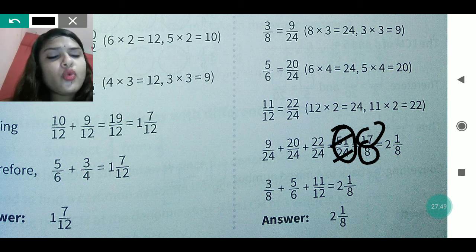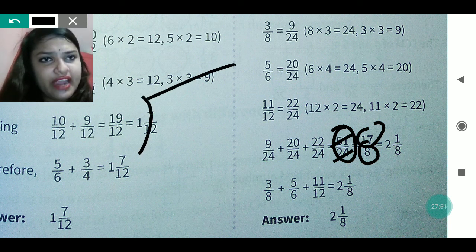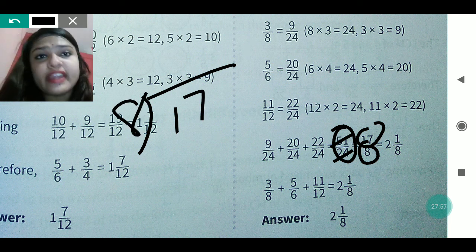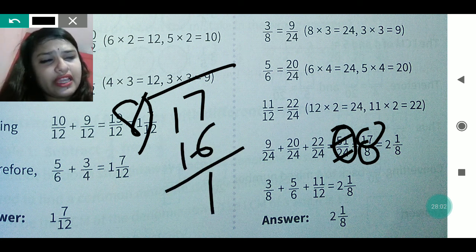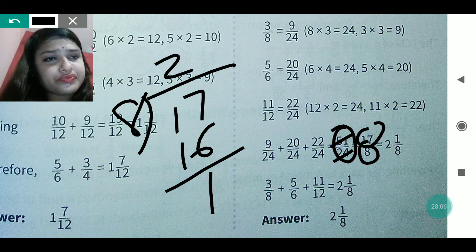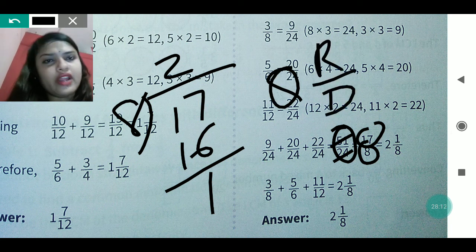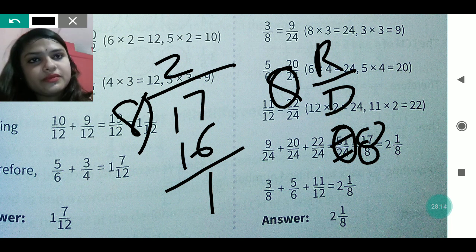When you divide 17 by 8, 8 ones are 8, 8 twos are 16, so 1 you get here and 2 you get here. Now you can write quotient, remainder and the divisor, so you have got 2 1 upon 8.